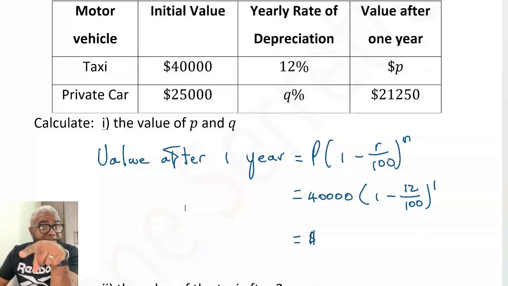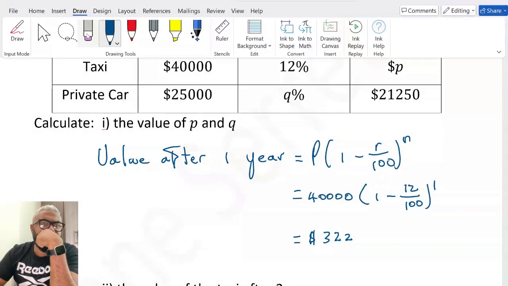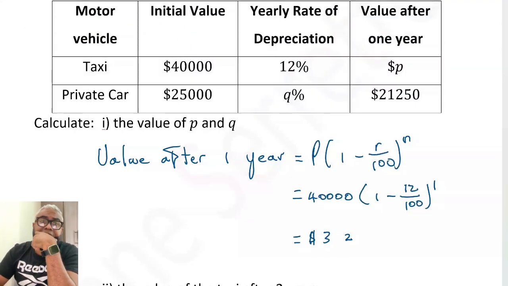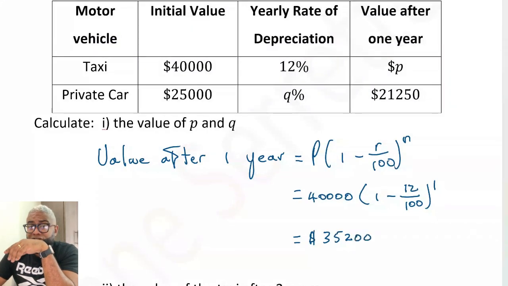So you're supposed to get the final answer here. 35,200, right? That's what we're supposed to get.